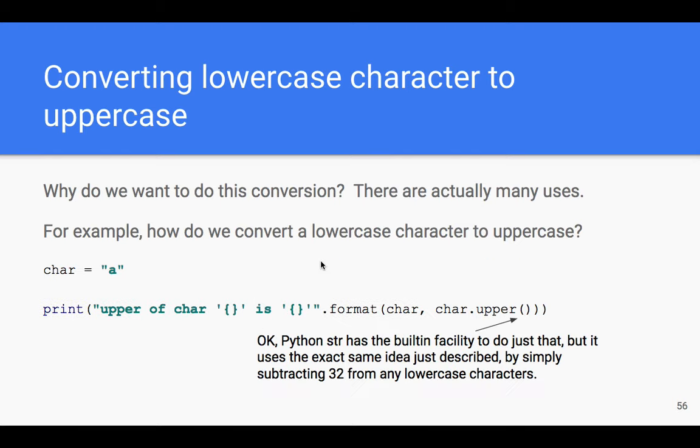Now, having done this already, because this is such a frequent operation, Python, being the all-powerful language that it is, already has a built-in facility to do this. You can just give it a character, do a dot and upper, and this method will convert the character into its uppercase equivalent.